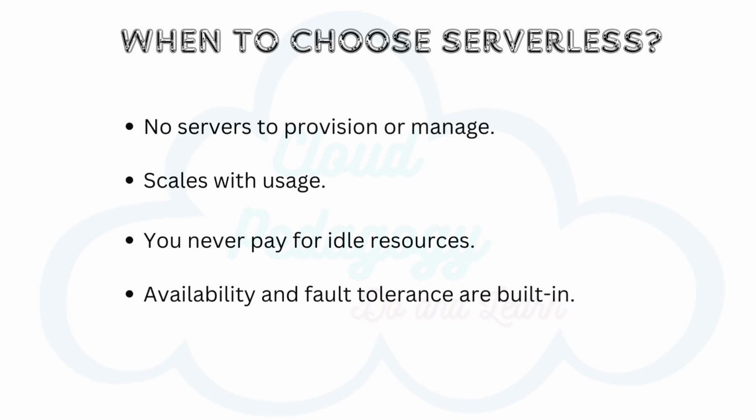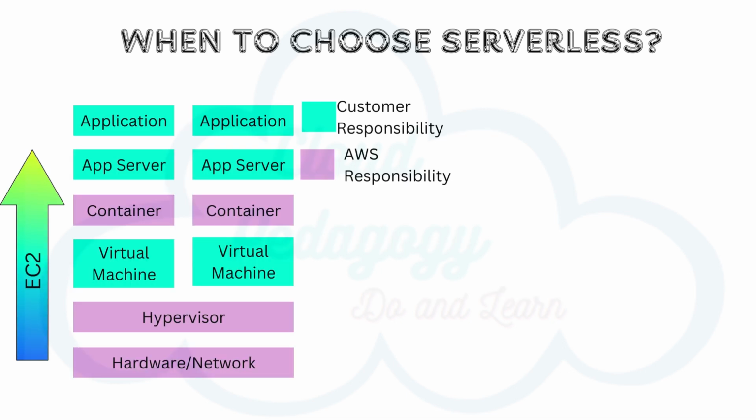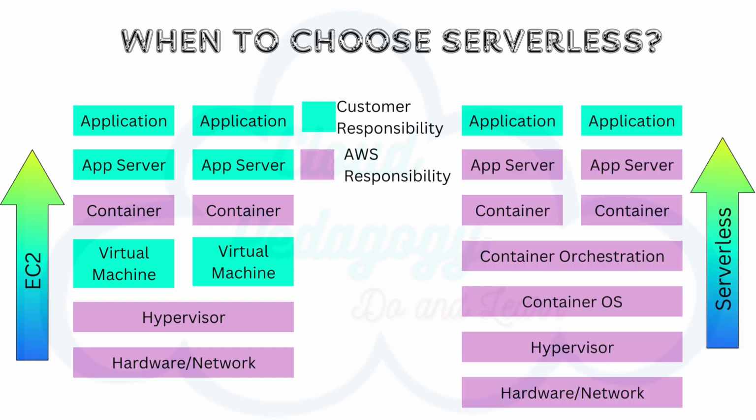and managing servers. So for example, with Amazon EC2 instances, you are required to patch the operating system and security updates as they are released. With serverless offerings, the line between what you are responsible for versus what AWS is responsible for moves up.